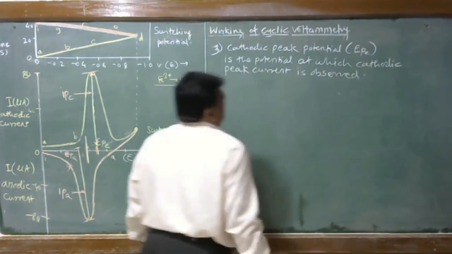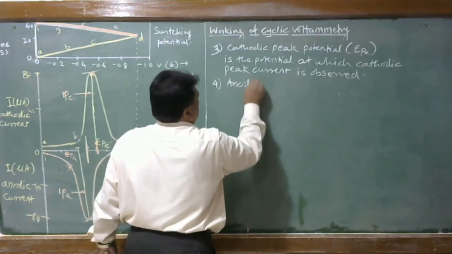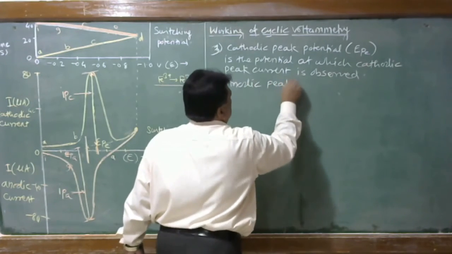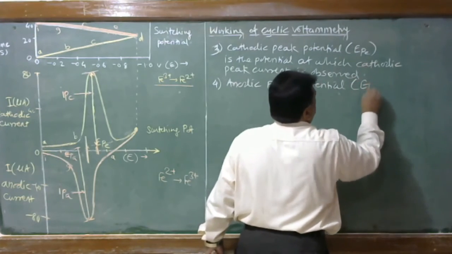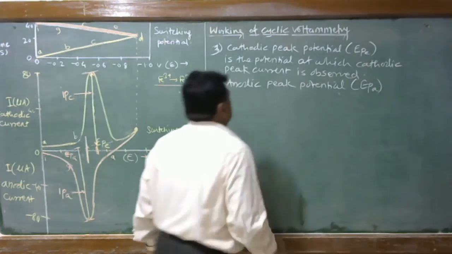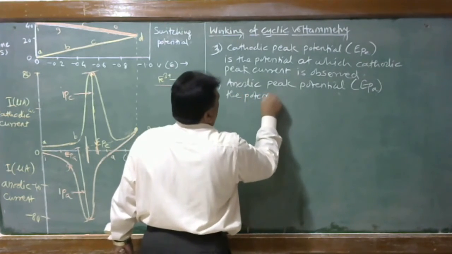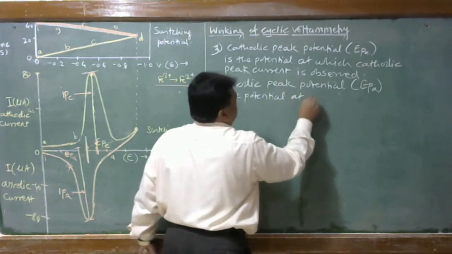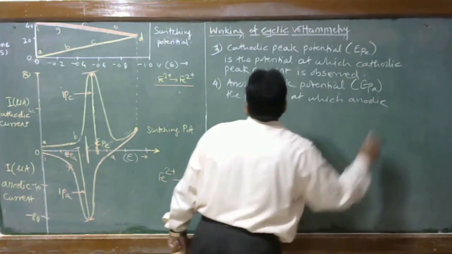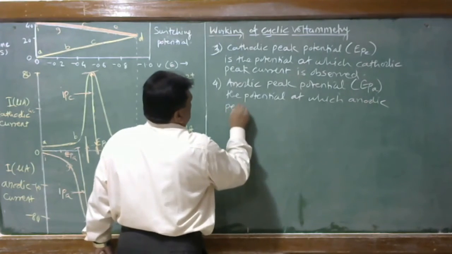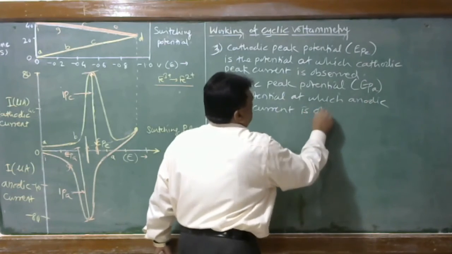And next parameter is anodic peak potential, that is EPA, the potential at which the anodic peak current is observed.